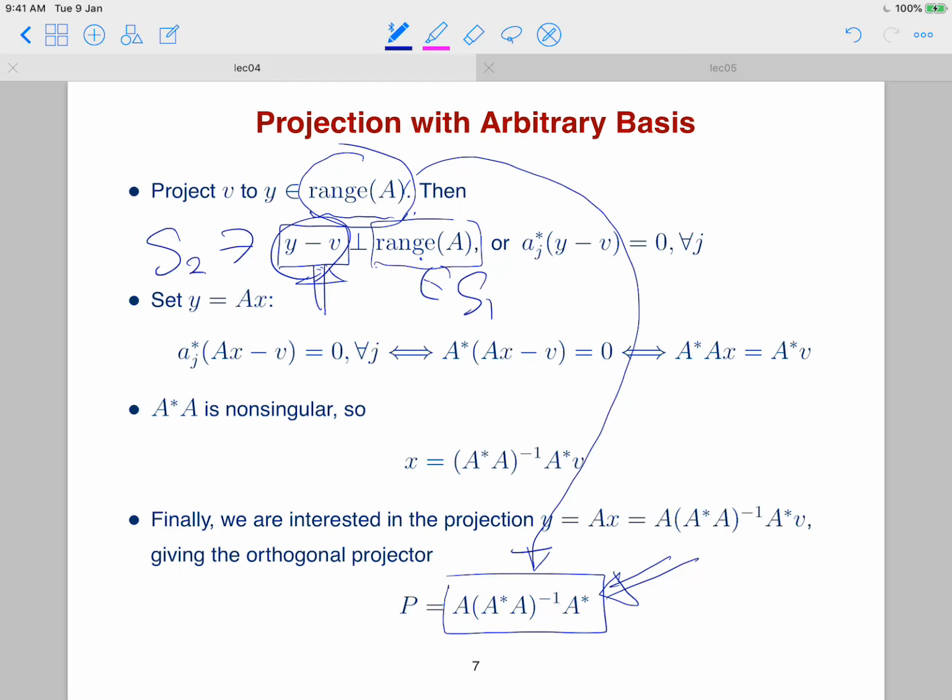So that was the starting point from which we derived this projection matrix. So this assumes orthogonal projection, where S1 and S2 are orthogonal to each other.